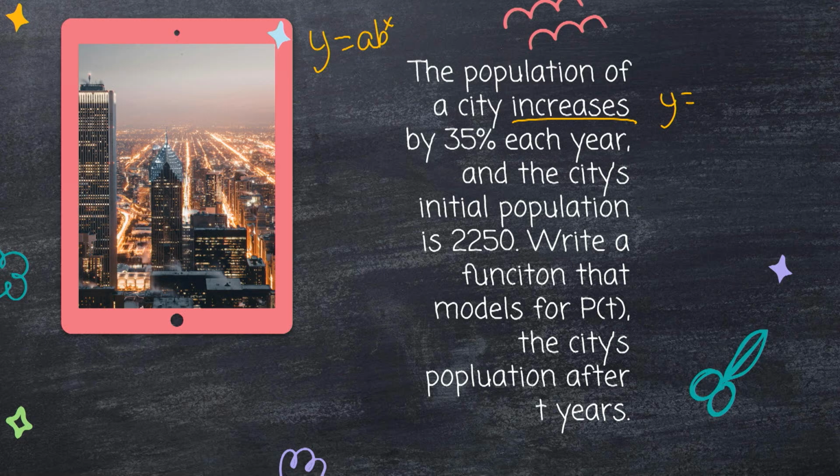It says initial population, so that's going to be my a, 2,250. And then I'm going to multiply it by my common ratio. Well, what is my common ratio? I am increasing by 35%, to the x. Is that what you got?